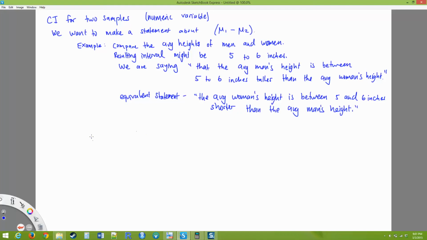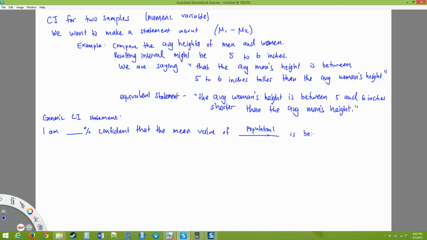Right? Okay, and so when we make our confidence intervals, we're just going to say, I'm X% confident, so a generic confidence interval statement is going to be: I am blank % confident that the average, or the mean, value of blank, this is population 1, is between blank and blank higher or lower, depending on your values, than the mean of population 2.